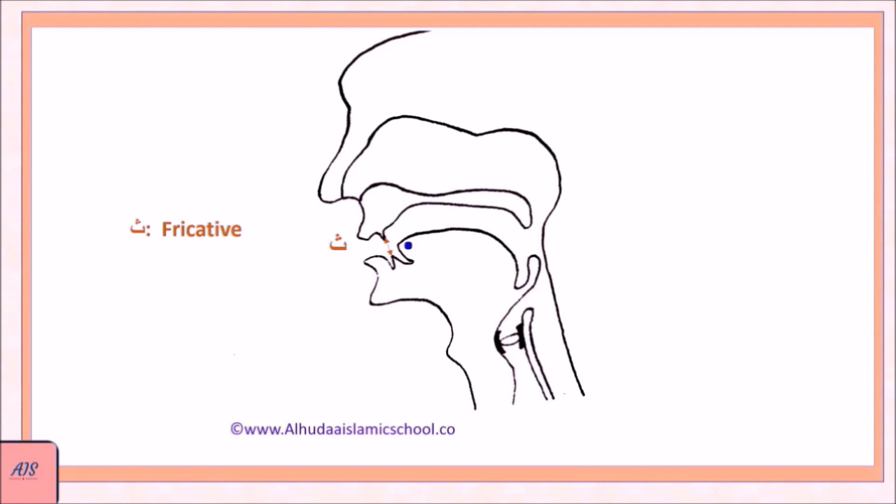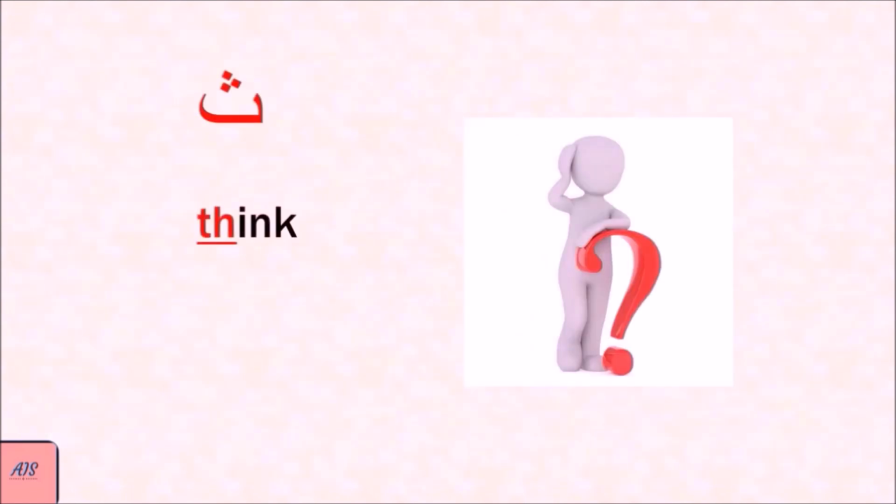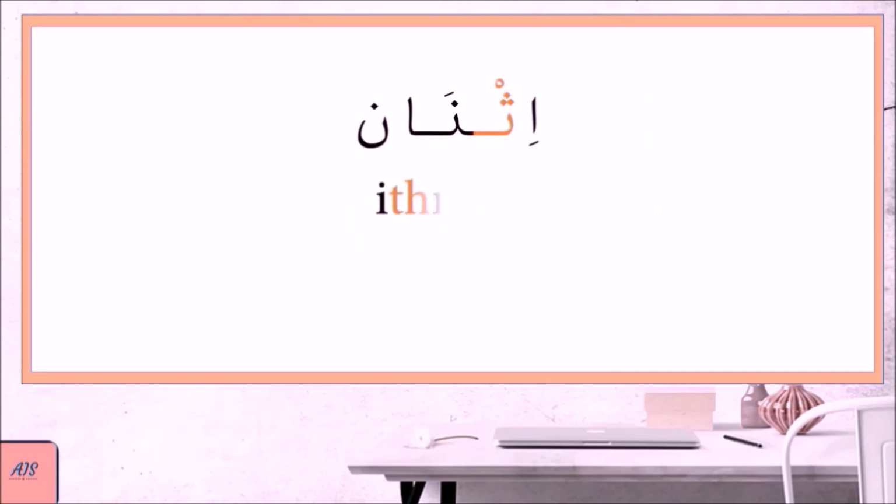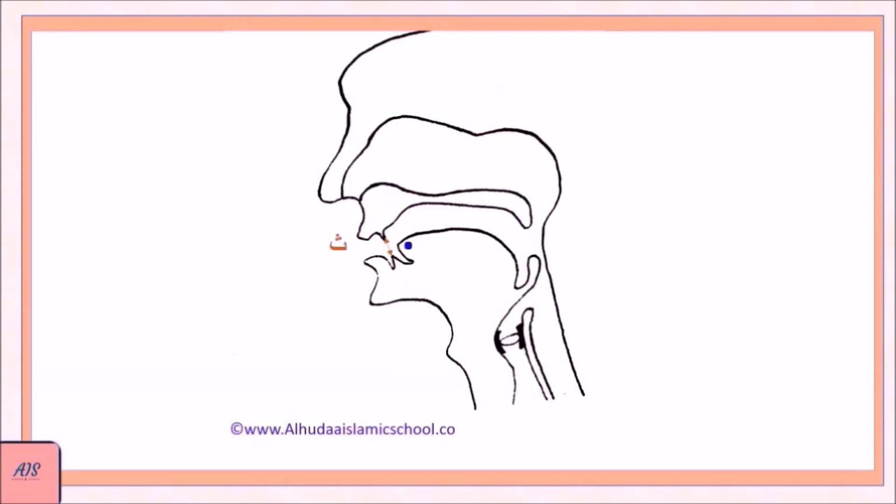And you remember that I explained that tha is pronounced as the th in think. So as you try to pronounce ath, ith, uth, and also ithnan, you notice the narrow escaping of the air through the teeth. So tha is interdental, fricative, and voiceless.